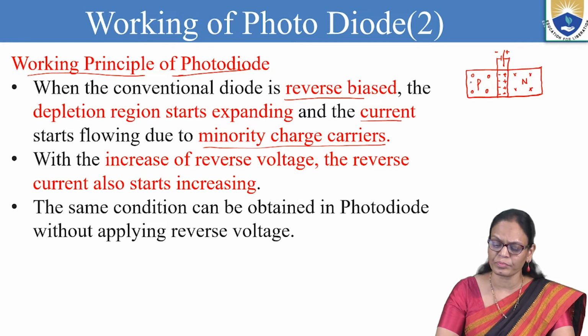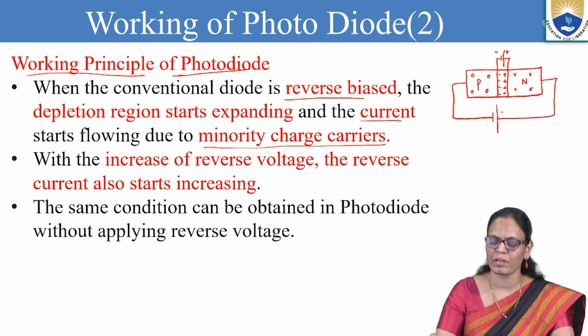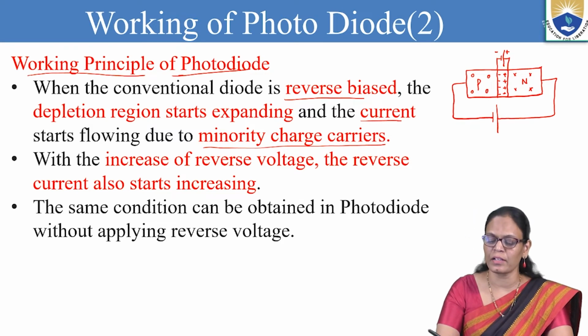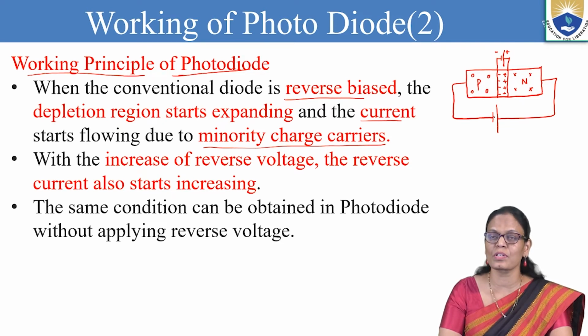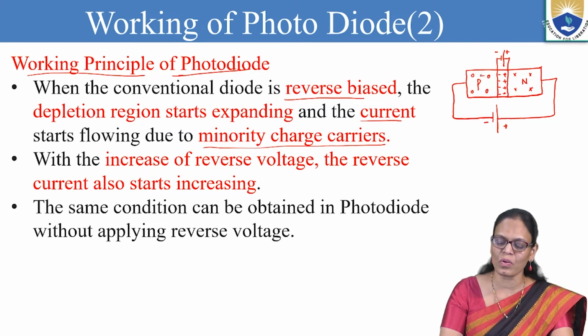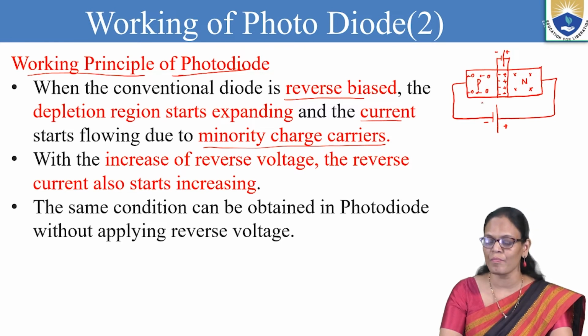And now we are connecting it to the reverse bias, P connected to negative and N connected to positive. When it is connected in reverse bias, these holes get attracted towards the negative terminal of the external supply, and the electrons start moving towards the positive side.